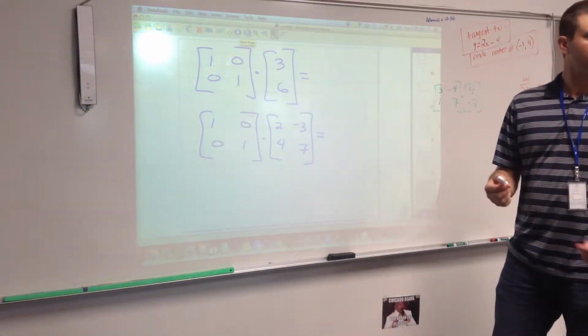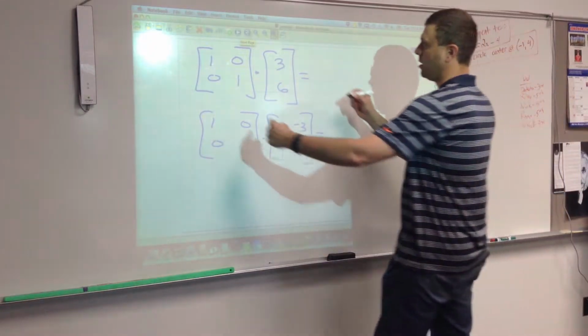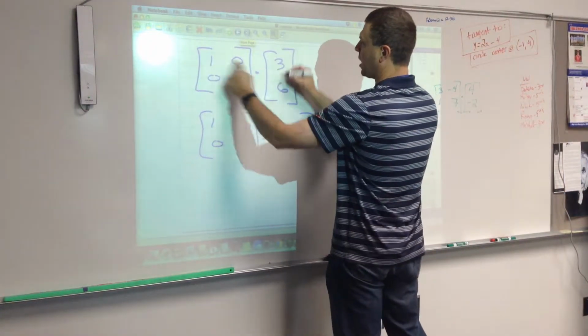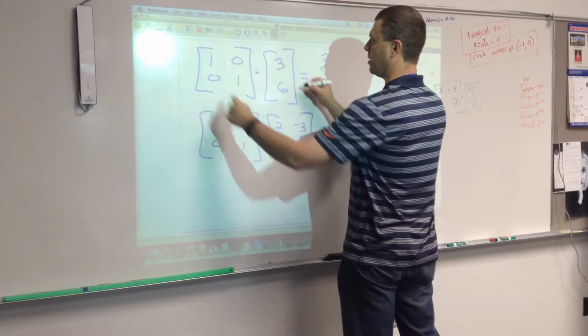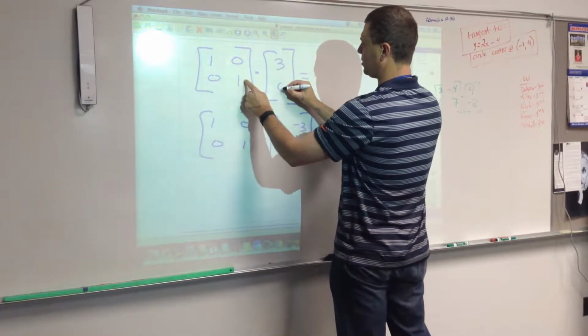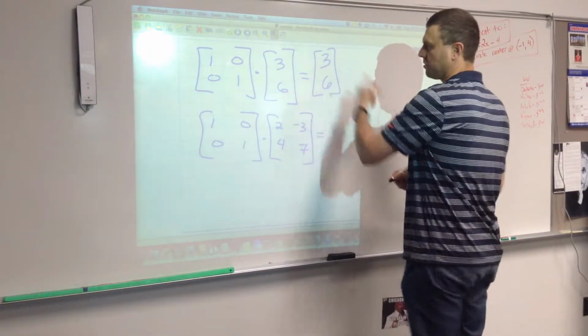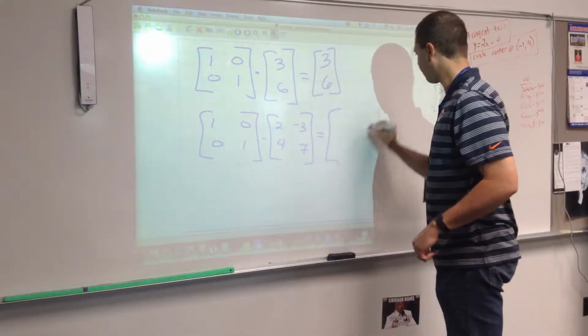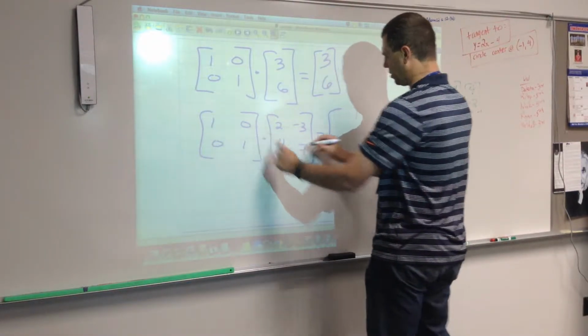Alright, I'm going to do some quick matrix multiplication here for you. I'm going to go across the row down the column. 3 plus 0 is 3. 0 plus 6 is 6. That would be the answer to this one. Here, 2 plus 0 is 2.